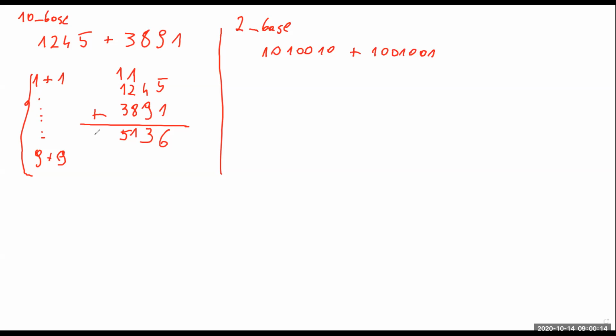I need to know the same, but in binary. So I have to know all combinations of binary digits. Maybe here I should also know how much is 10 plus 9.